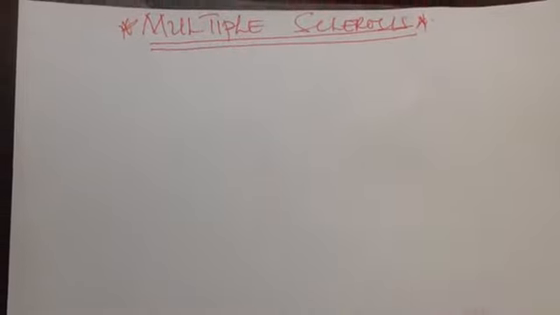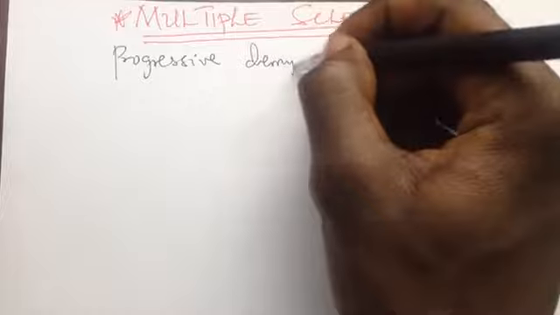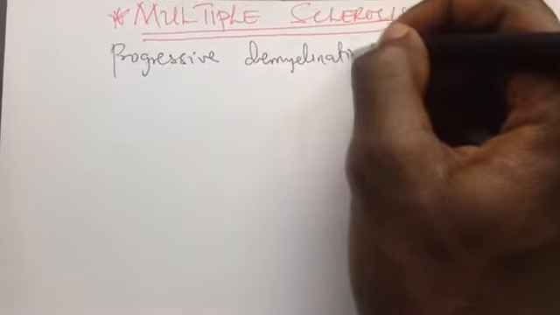As we already have some insight about the disease, this disease is a progressive demyelinating disease. This means the disease is affecting the myelin sheath.